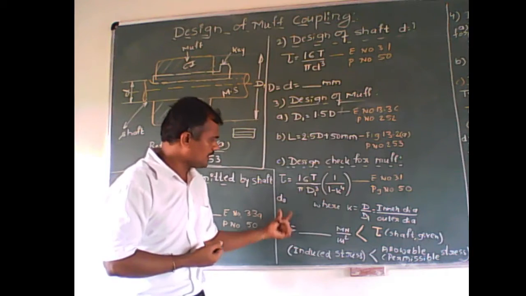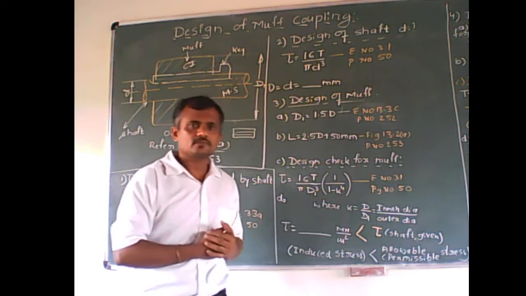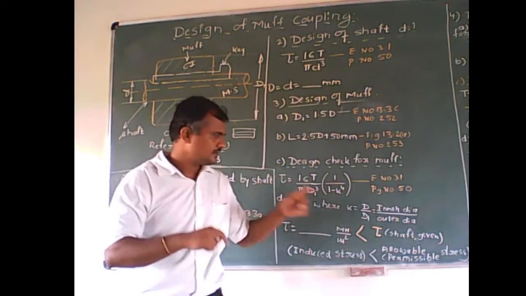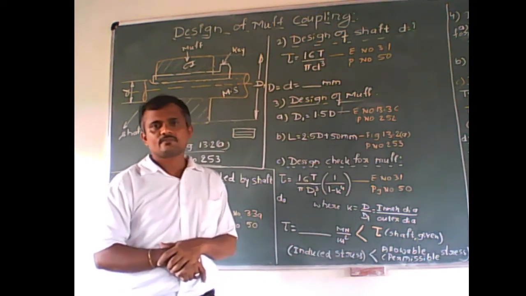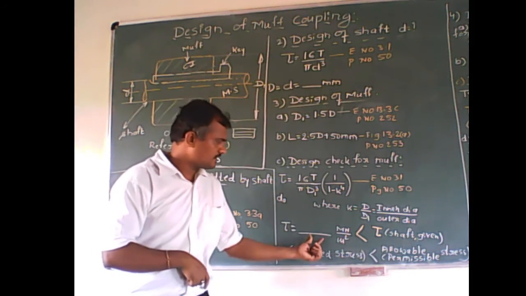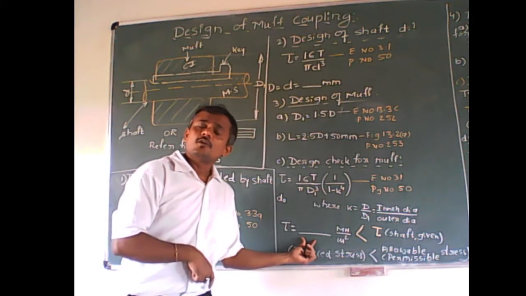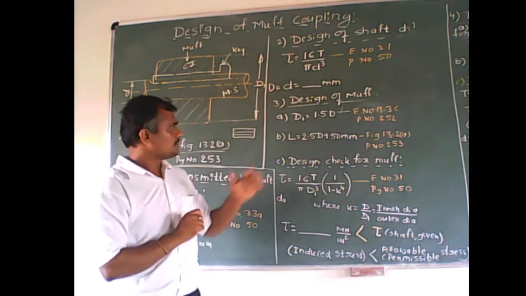Here the tau value we are calculating, which will be in meganewton per meter square, and we have to check this value. We can call it the induced stress, because this is actually what is produced in that manner.